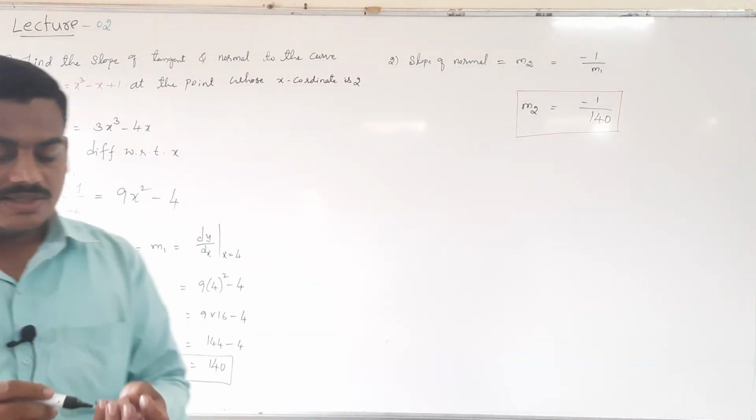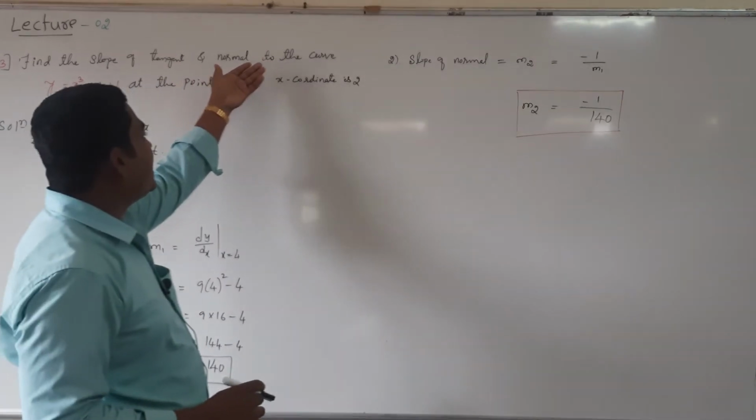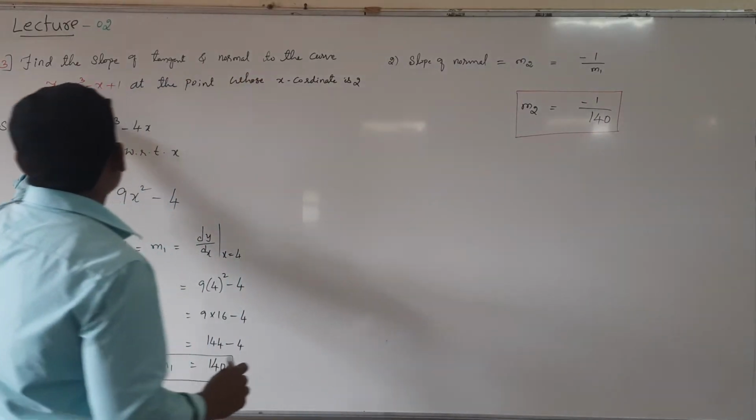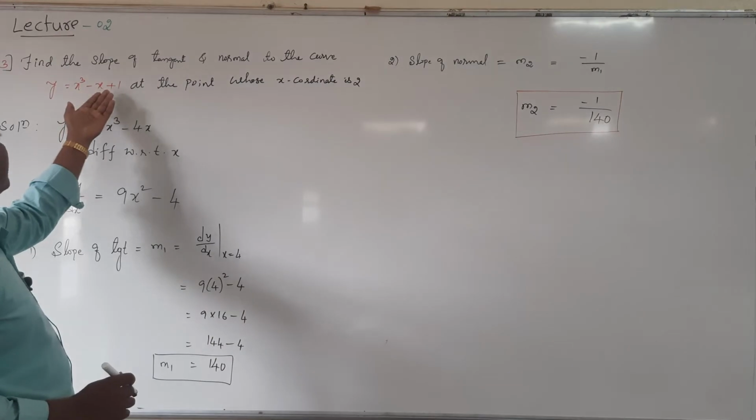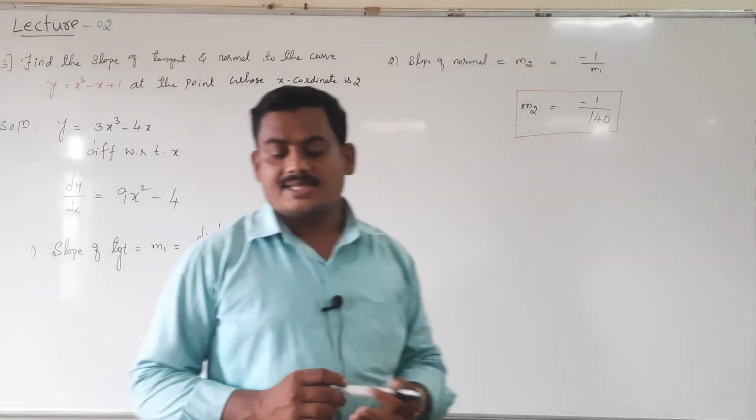Find the slope of the tangent and normal to the curve y is equal to x cube minus x plus 1 at the point whose x coordinate is 2.